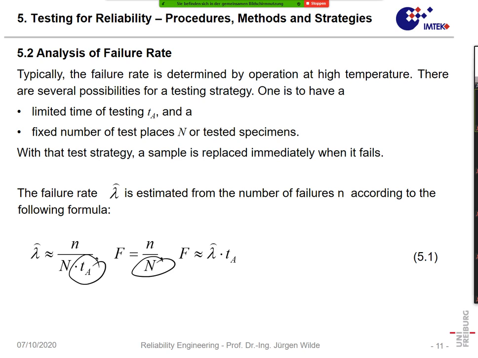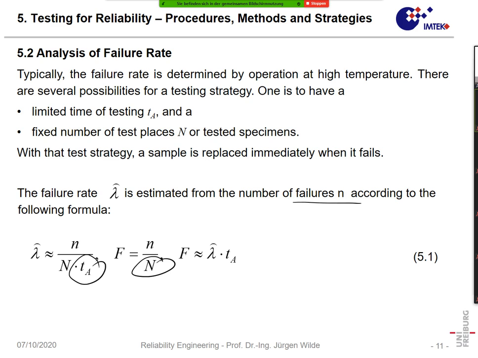After that time, we look how many have failed. So the number of failures divided by the number of devices in the experiment multiplied with the test time gives us the estimator for the failure rate. So it's an estimated value based on the original data.